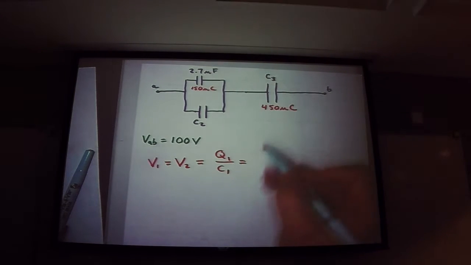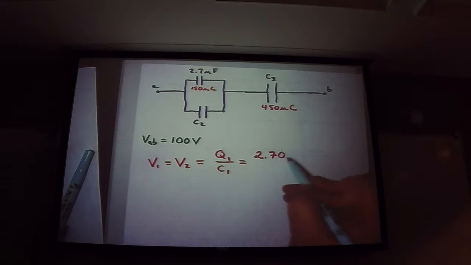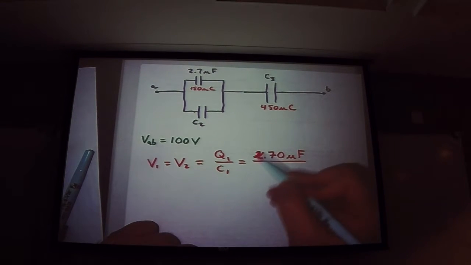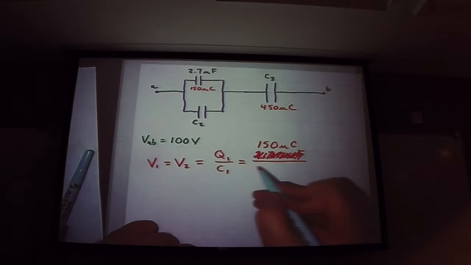So Q1 is 2.70 microfarads divided by, wait a minute, sorry, other way. 150 microcoulombs, there we go, divided by 2.70 microfarads.